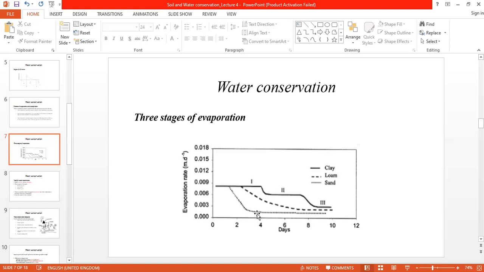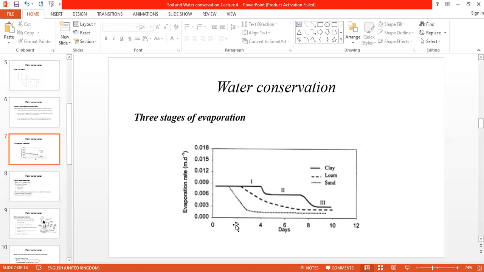So the rate of evaporation in sand, because the water is not held very tightly, will reduce fast. Already by about 2 days, most of the excess water would have gone. The water just in the pore spaces is evaporated faster than the water held on the soil particles.